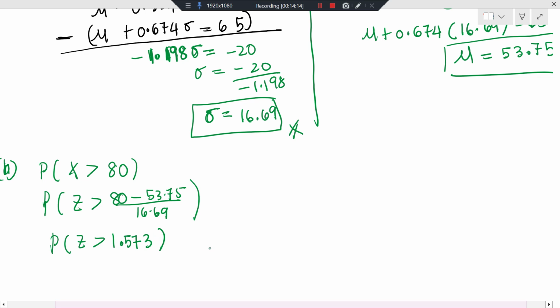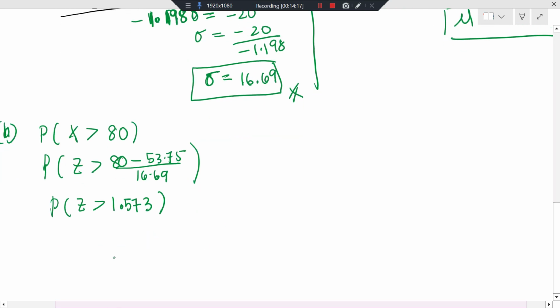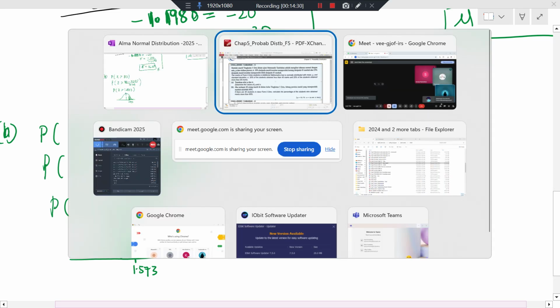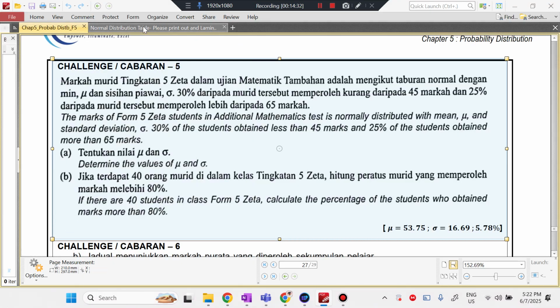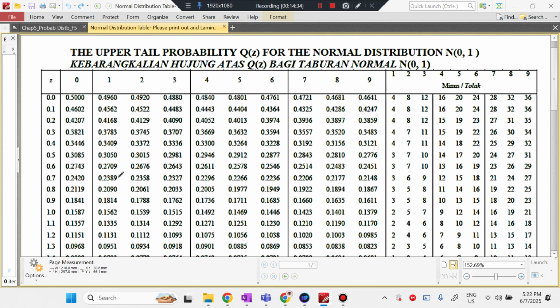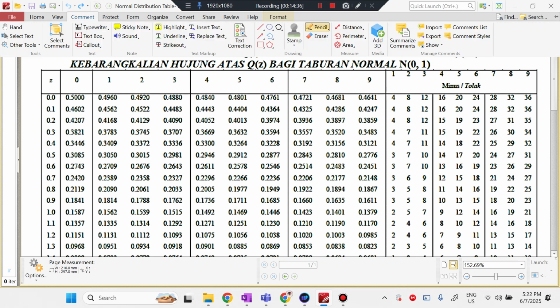Okay. I think this one we can directly draw a sketch of the graph. So your 1.573 should be here. And this part you can directly use your table.